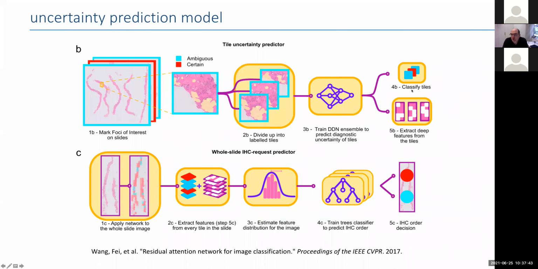For every tile, you get a confidence score, whether it's ambiguous or certain. And then we combine these into a whole slide IHC request predictor like you see below. We then use a tree-based classifier to predict whether IHC should be ordered or not.